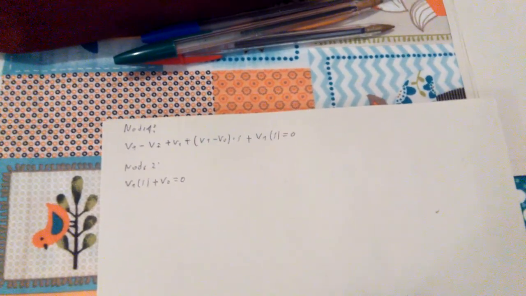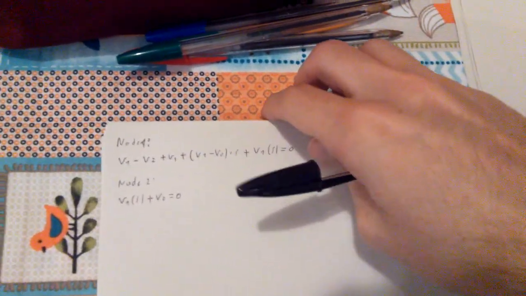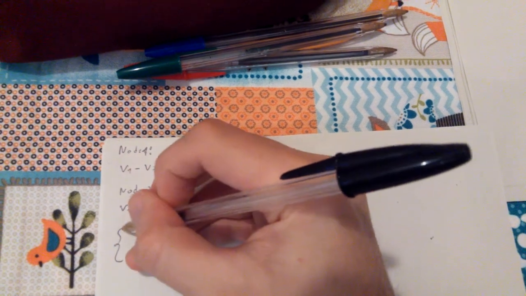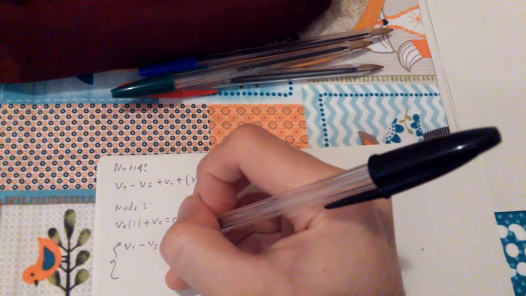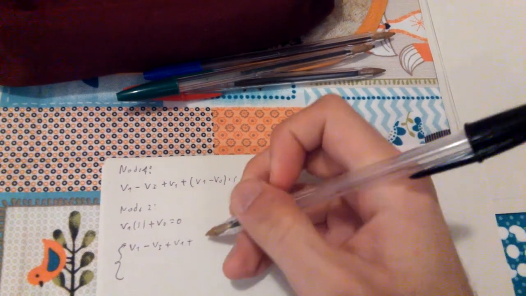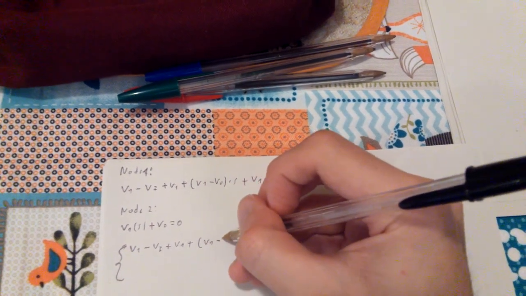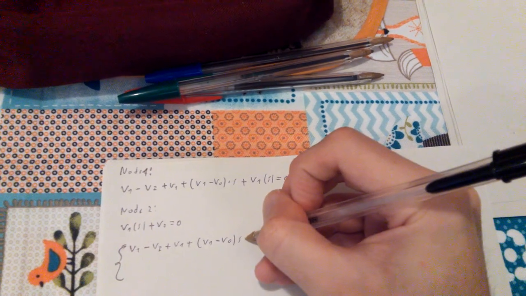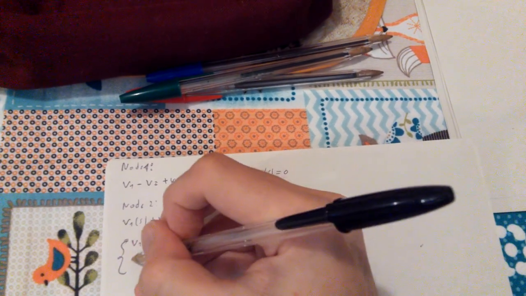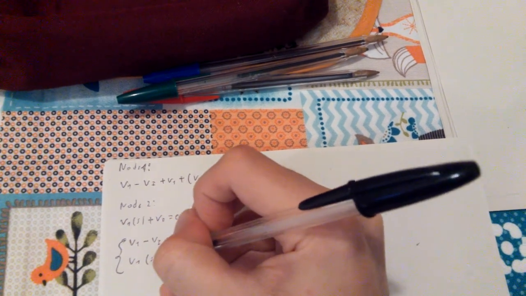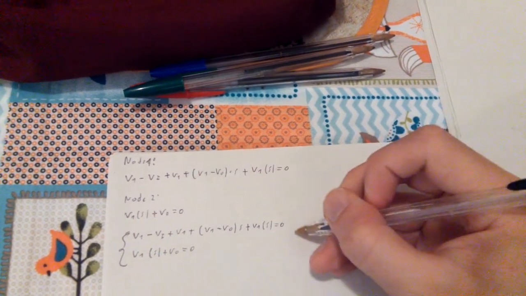We have two dependent equations, so we put them into a system of equations like so. We have V1 minus Vi plus V1 plus V1 minus V0 of S plus V1 of S equal to 0, and then V1 of S plus V0 equal to 0.